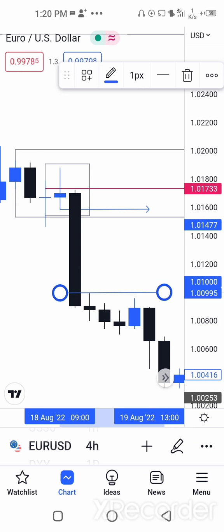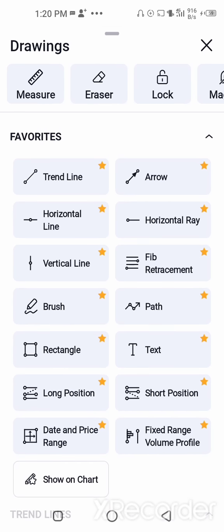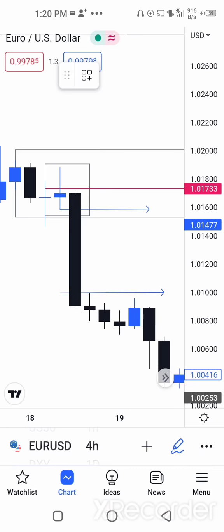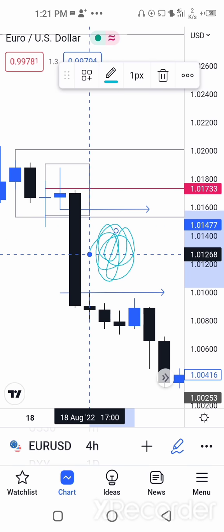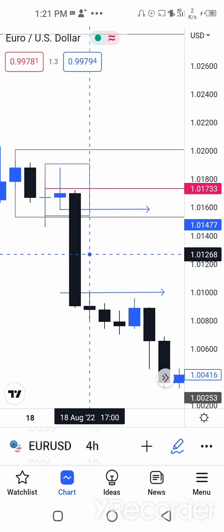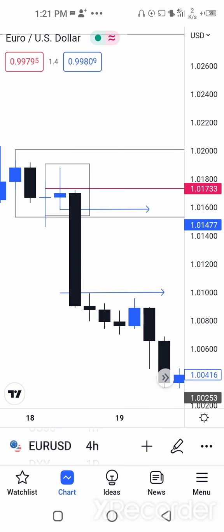Most times it only mitigates the space in between. You can see this space in between. That's what we call our imbalance, or our FVG, our fair value gap.